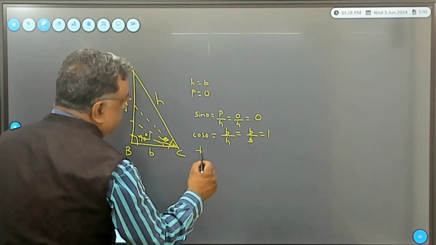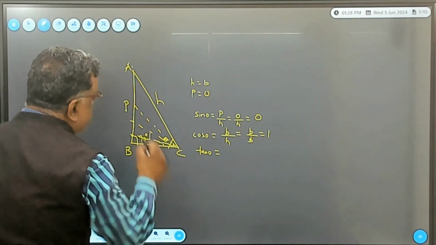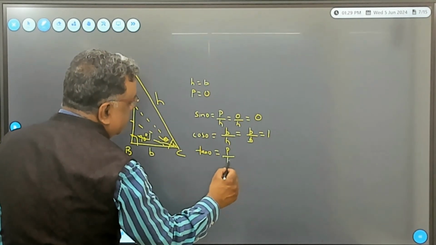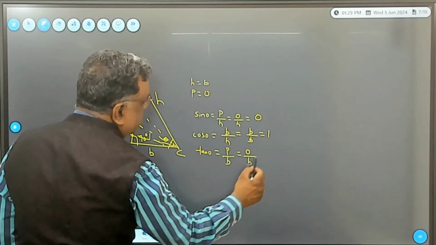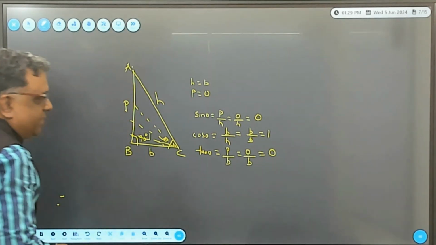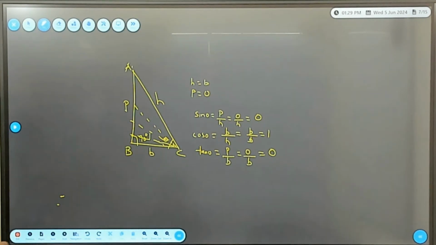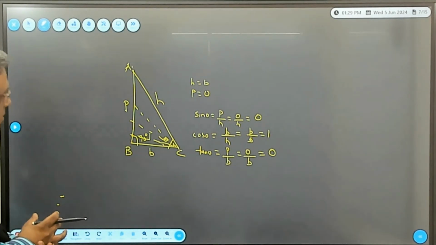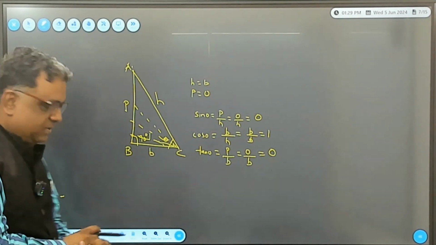And tan 0 is P upon B. Again, P is tending to 0, so this also will be 0. So now I could find these values of sine 0, cos 0 and tan 0.